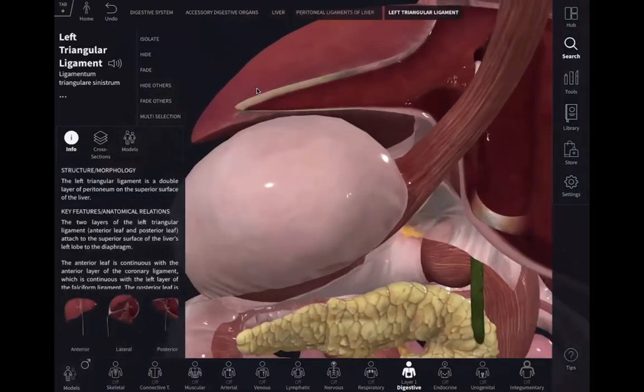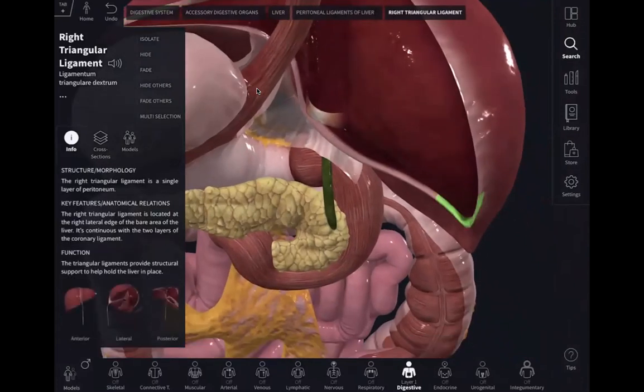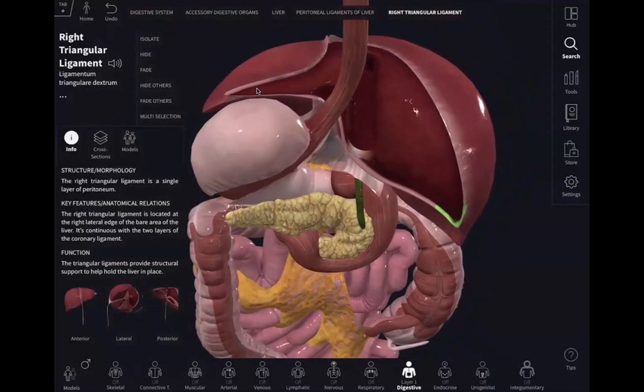This is the left triangular ligament, and also you can see this area. This is the right triangular ligament. The right and left triangular ligaments also give some support to the liver by attaching with the diaphragm as well.